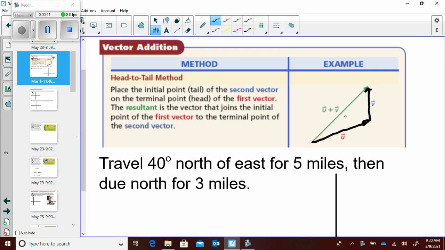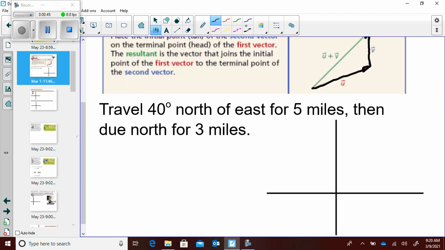What is the actual movement that you took? Okay, so let's just do another quick look at how to put two vectors together. So you travel 40 degrees north of east for 5 miles.